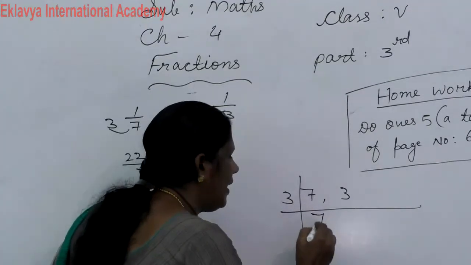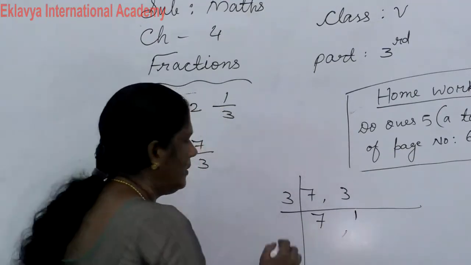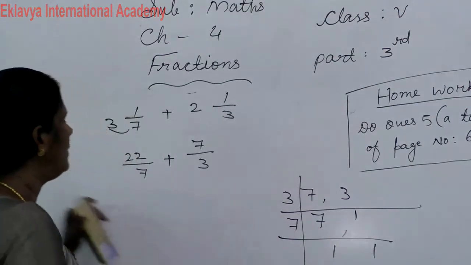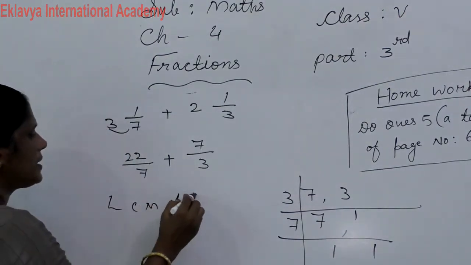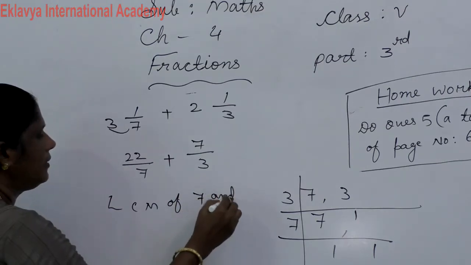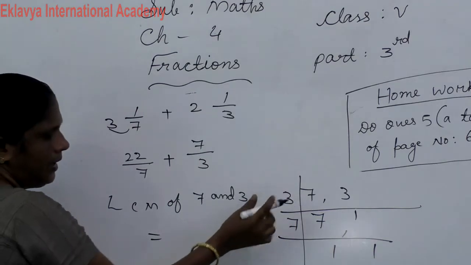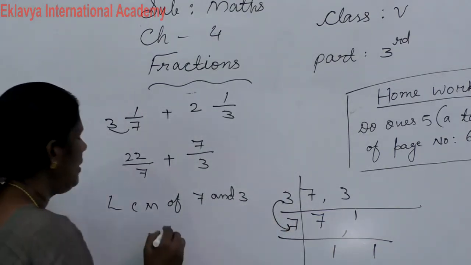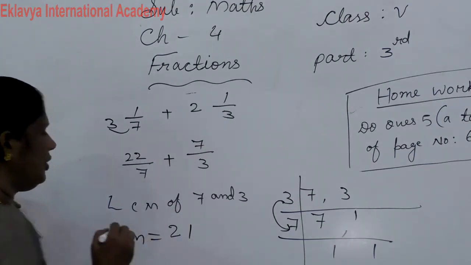As it is write. Then next 7, 1, 1. The LCM of 7 and 3 is 7 threes are 21. LCM is equal to 21.